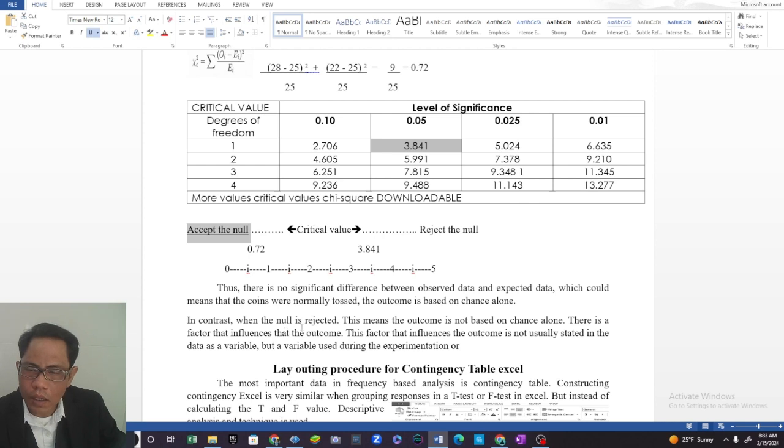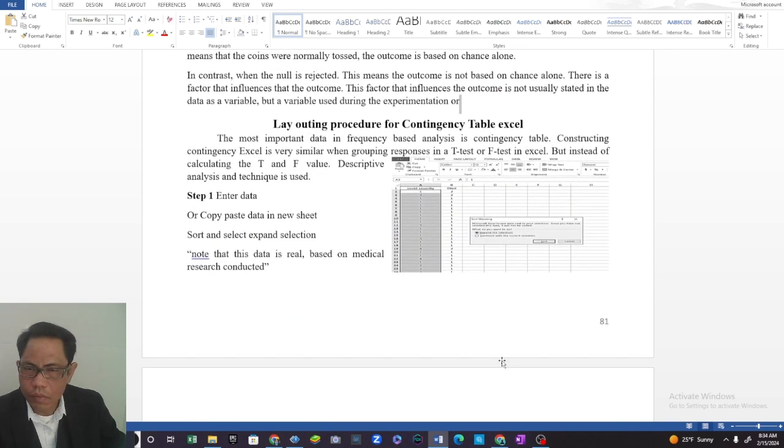And in contrast, the null is rejected if the calculation is around here, like 4.84. This means the outcome is not based on chance alone. There is a factor that influences the outcome. The factor that influences the outcome is not usually stated in the data as a variable, but it comes from the variables used during the experimentation.